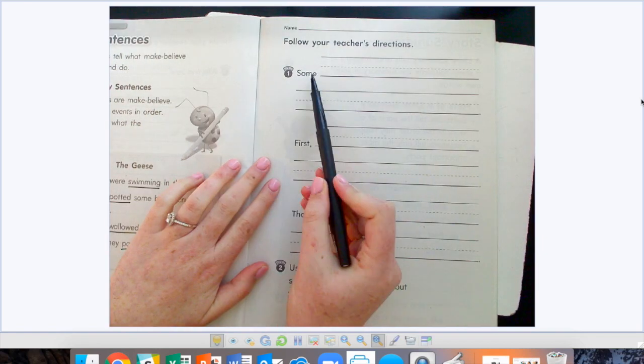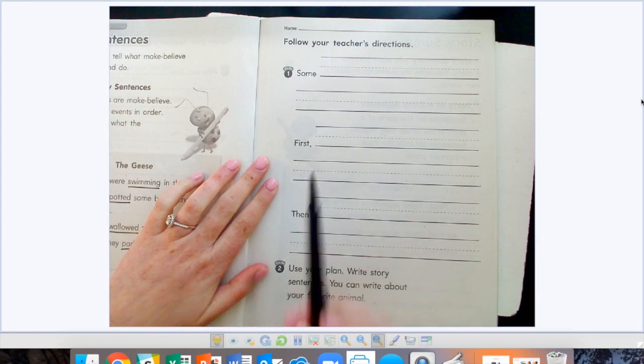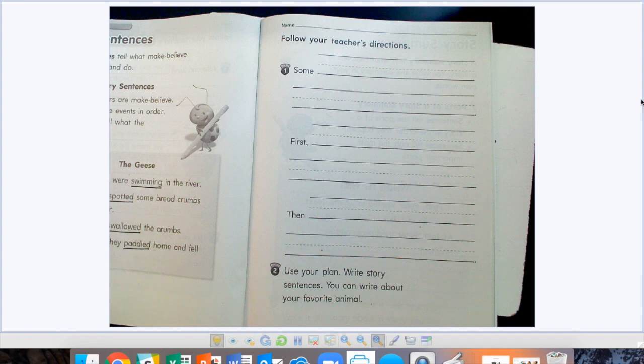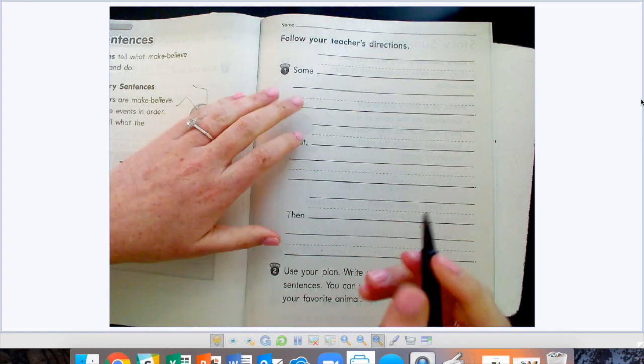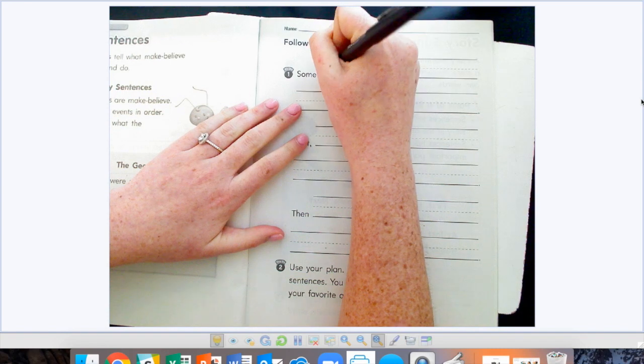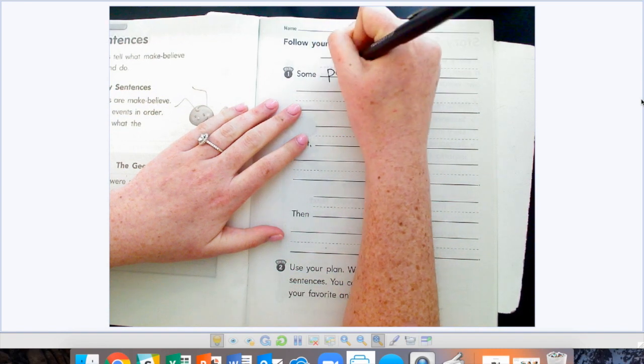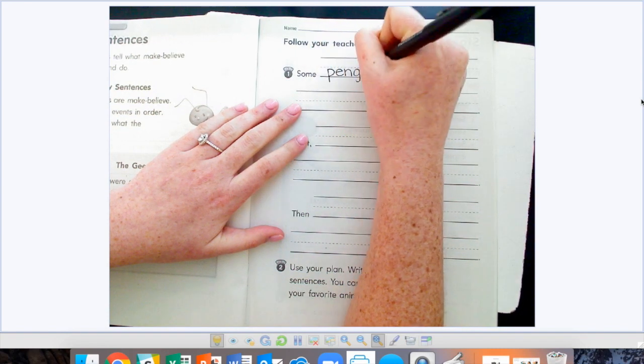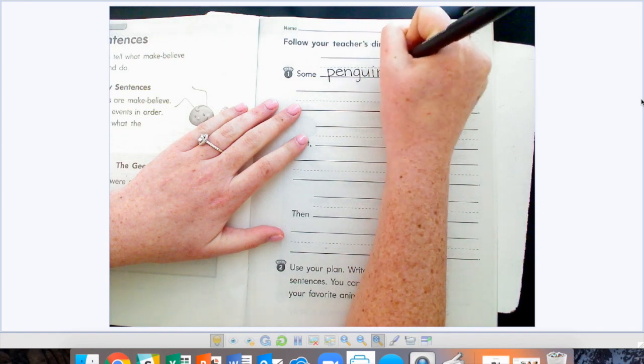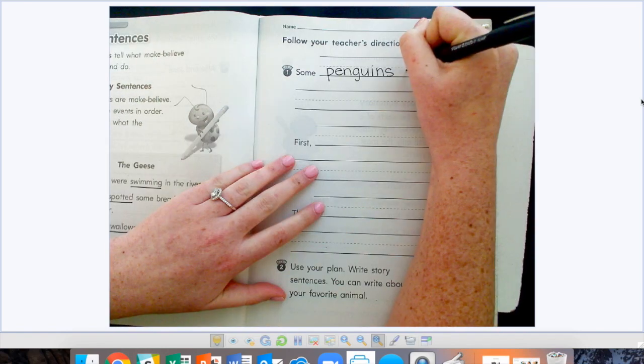Okay. It gives us the sentence frames for us. So we're going to pick a character to write about. So since we're the first grade penguins, we will write about penguins. Some penguins were.